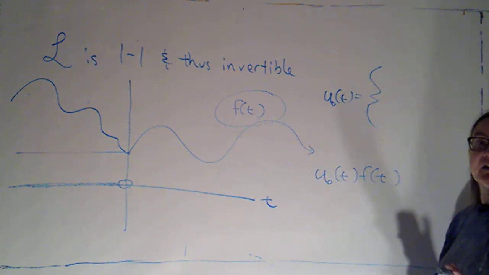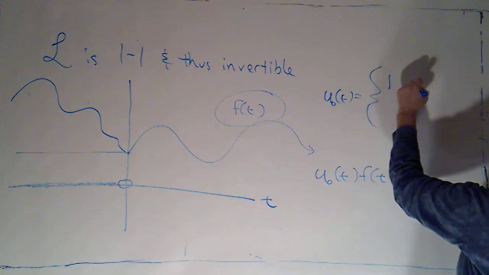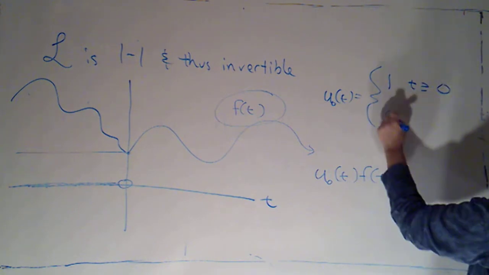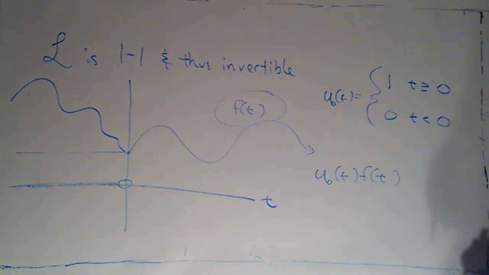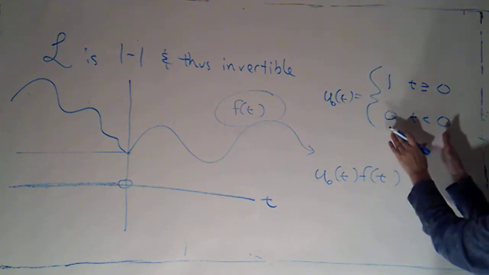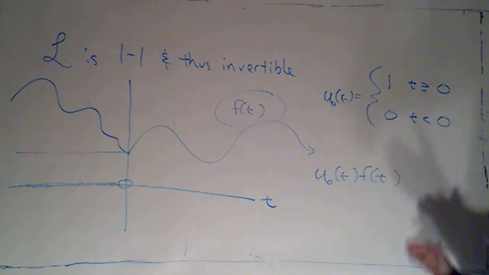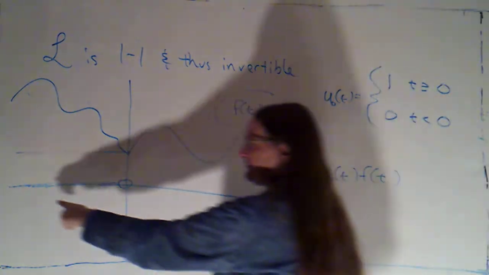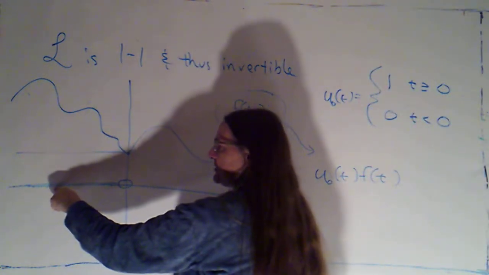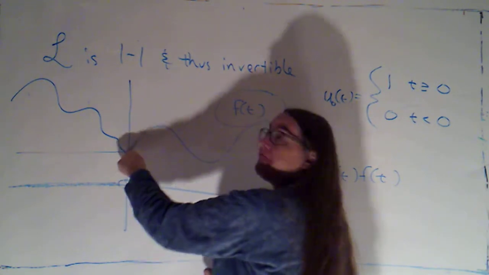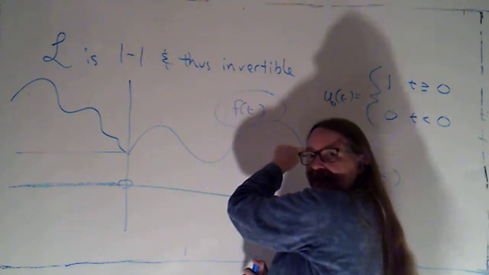It's kind of an on switch. It's 1 if t is bigger than or equal to 0, and it's 0 everywhere else. So it's basically saying, turn the function on at time 0. The function is off, so that would give me this function here. It's at a value of 0 until we hit time 0, and then it starts behaving like f.